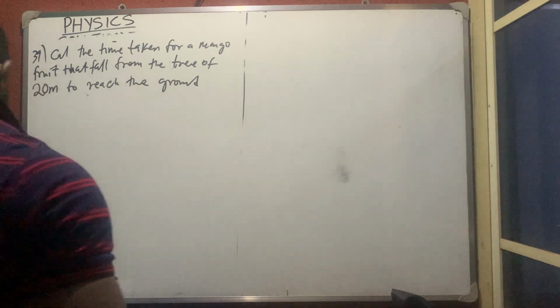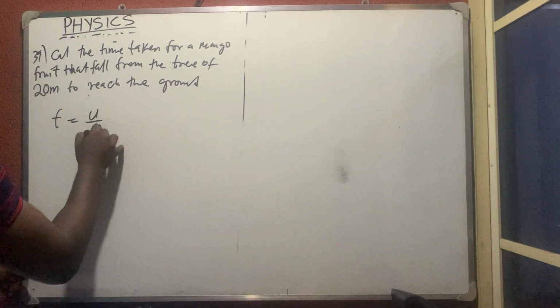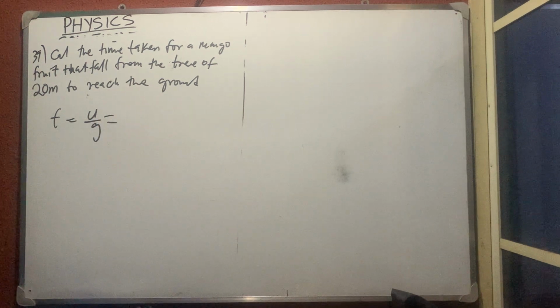Okay, so time to reach the ground is simply U over g. Very simple. And my U, do we have U there? They said, calculate the time taken for a mango.